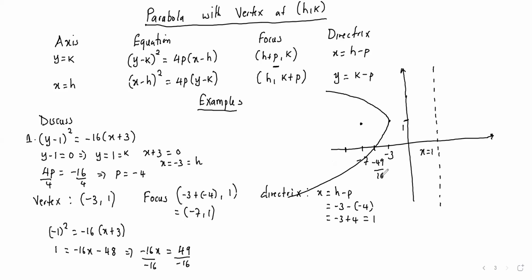Okay, so we can do another example. We see what happens if it's on the x. So how do we respond if it's on the x? So let's do another example.